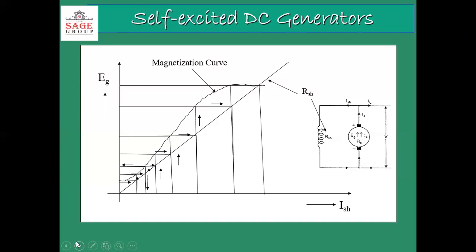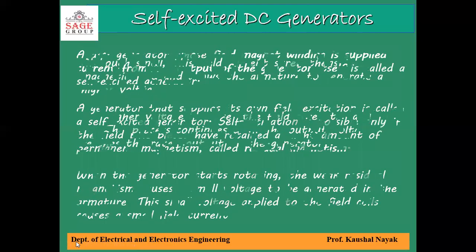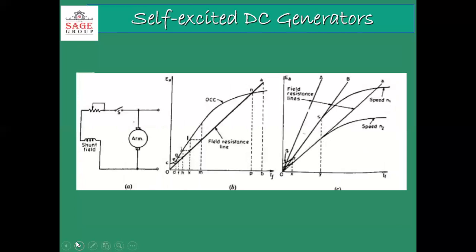Failure to build up the self-excited generator at no load may be due to one of the following reasons. No residual magnetism, field connections are reversed, there may be high field circuit resistance, or there may be speed less than the critical speed.